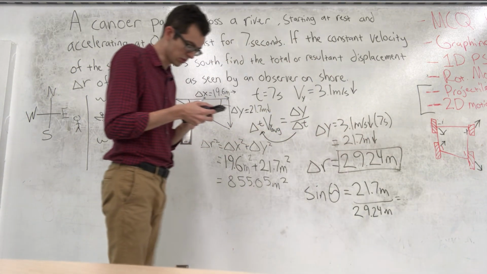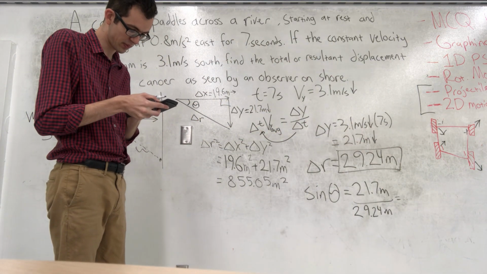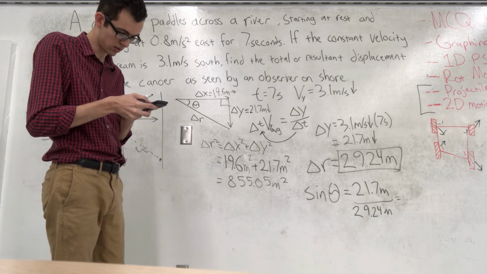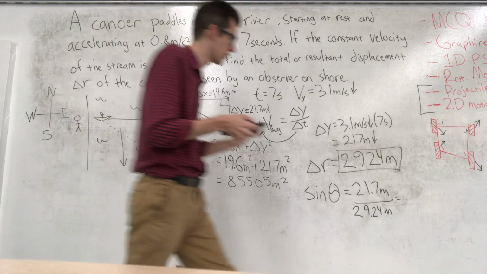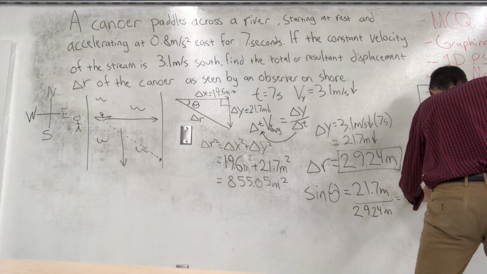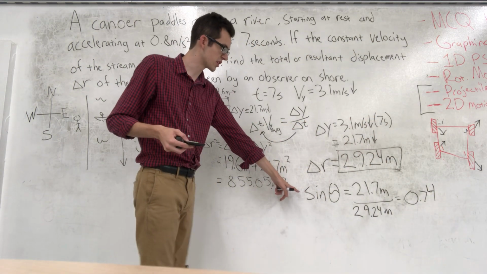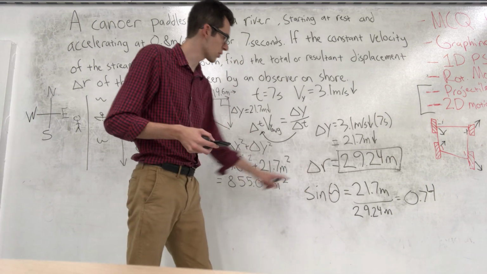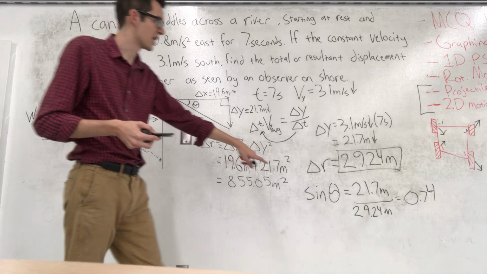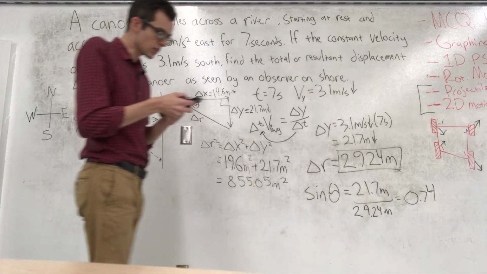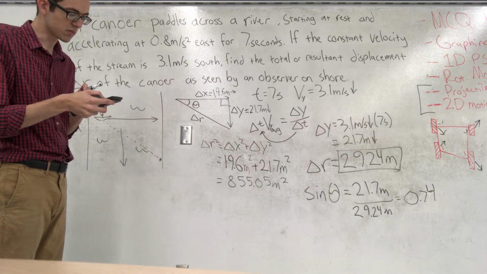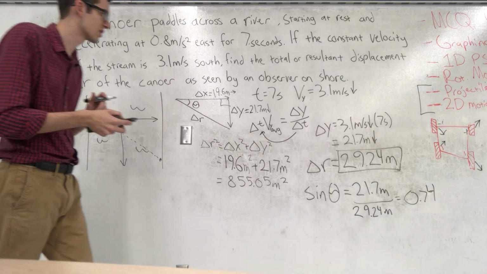So this is equal to, let's do this math, 0.74. All right, so 0.74 is equal to the sine of my angle theta. In order to find just theta, my angle, I'll need to take the inverse sine of this number. So I'll go ahead and take the inverse sine of 0.74, which gives me 47.9 degrees.